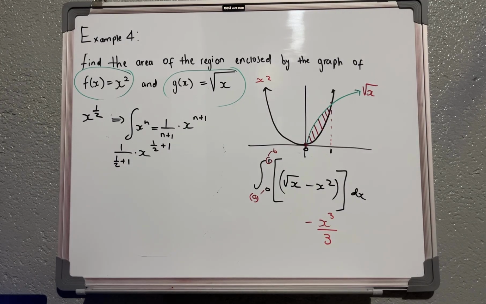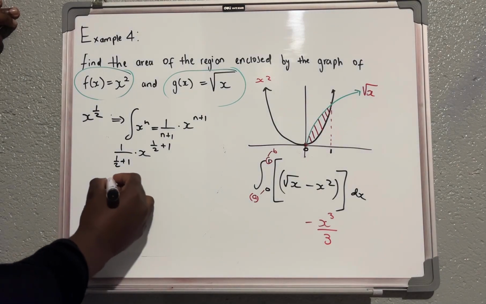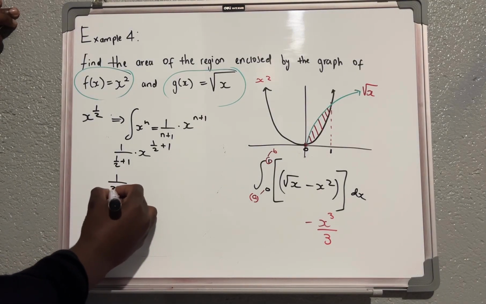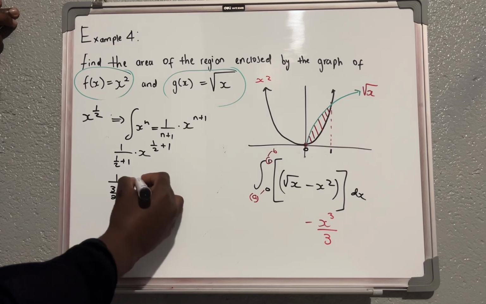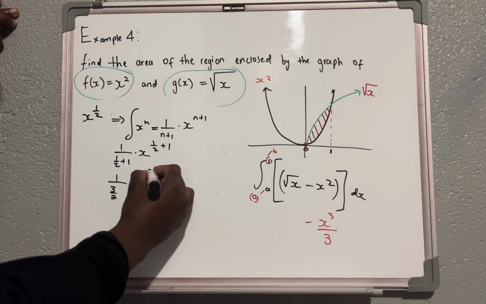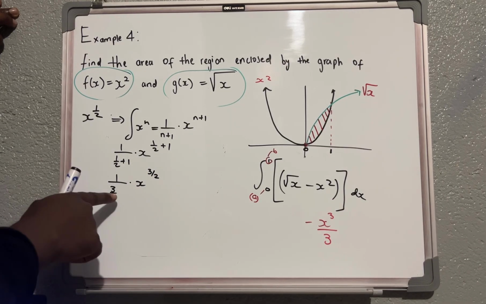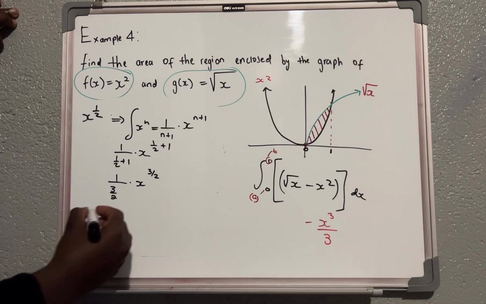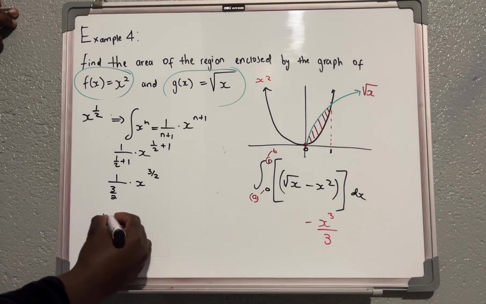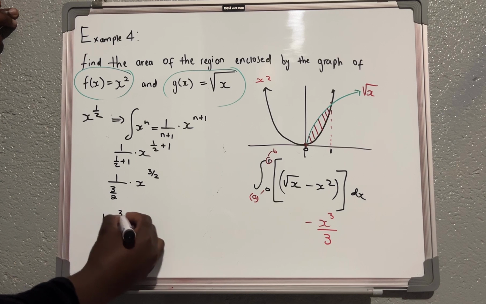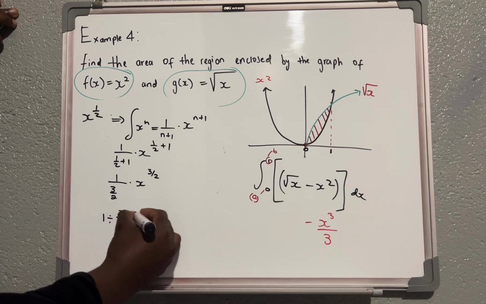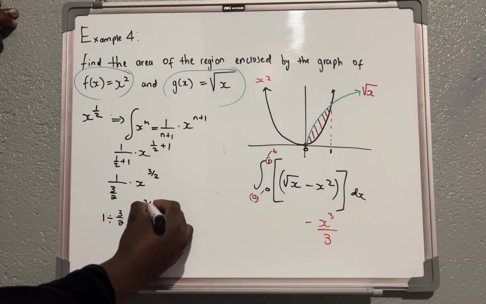We know that 1 over 2 plus 1 gives us 3 over 2. So this is the same as 1 over 3 over 2, multiplied by x to the exponent 3 over 2. How do we simplify this? We know we have 1 divided by 3 over 2 multiplied by x to the exponent 3 over 2.